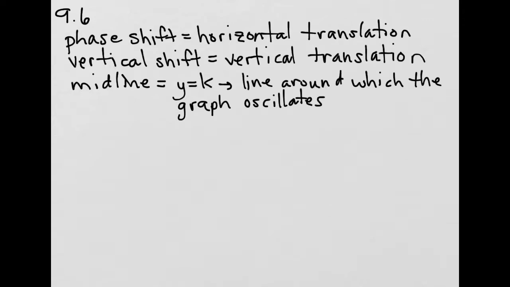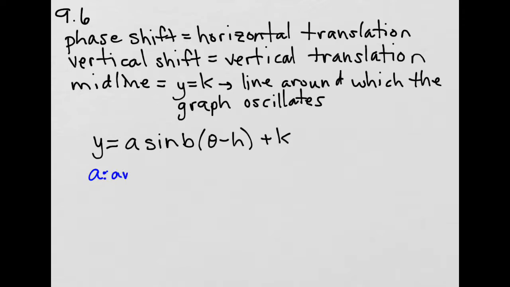Okay, so we're going to have our trig equations in this basic form, y equals a, and then the trig function. In this case, I'm going to write sine of b times theta, or the angle, minus h, in parentheses, and then plus k. So a is still our amplitude, or how high and low the graph goes to reach its hills or valleys.